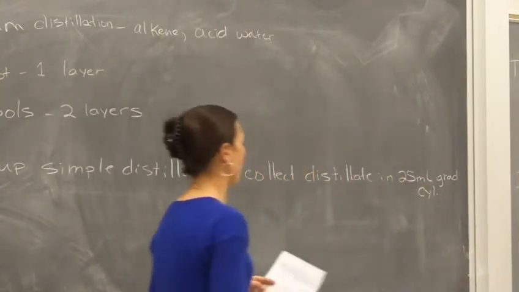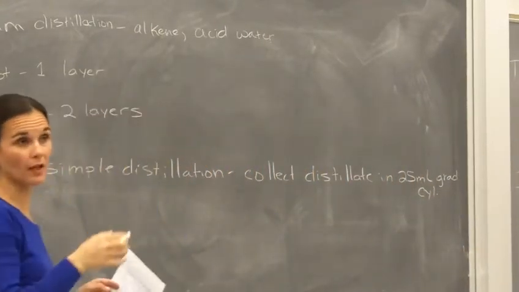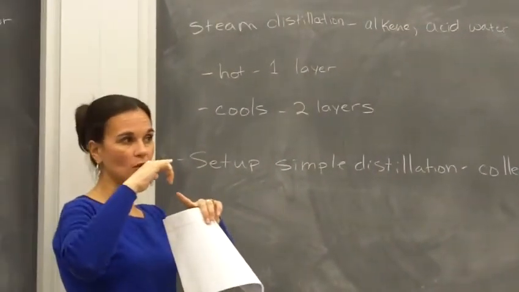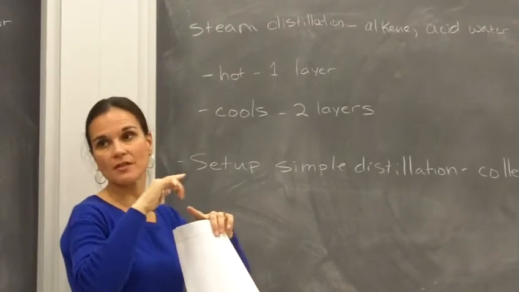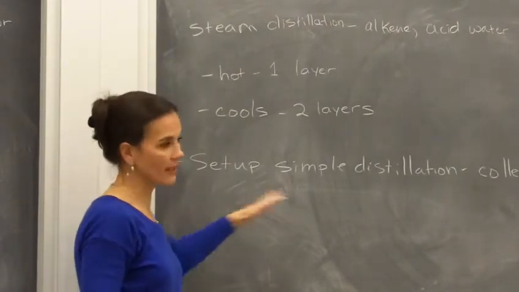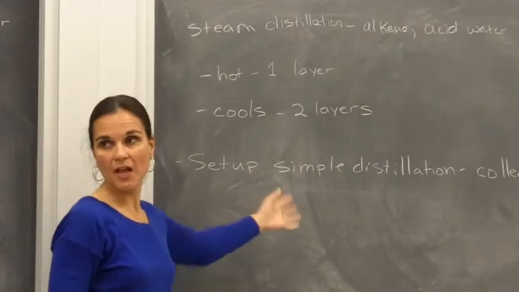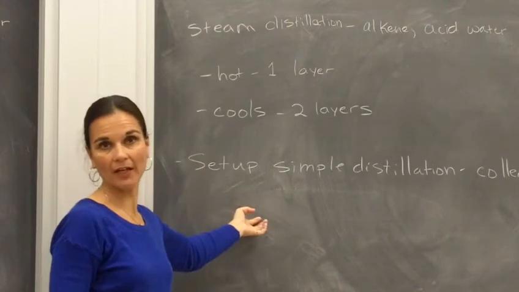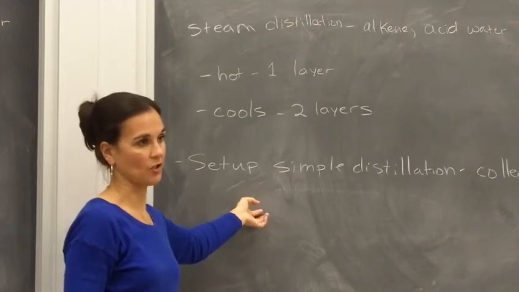Okay? And the reason for that is then you can see and measure how much volume you're making of your alkene versus that water layer. Because what you want to do is distill it until you get as much alkene out as possible, but when you stop collecting organic layer, you want to stop the distillation.